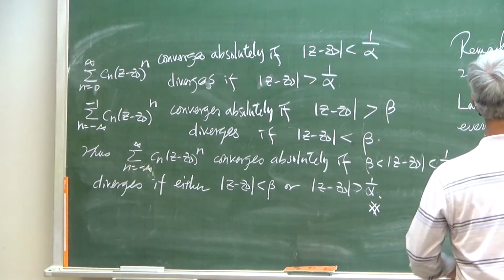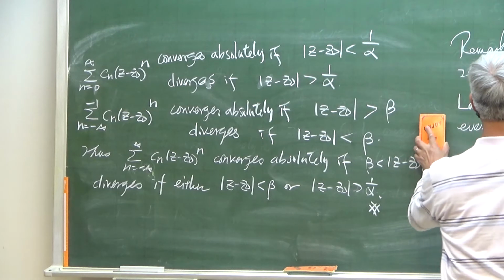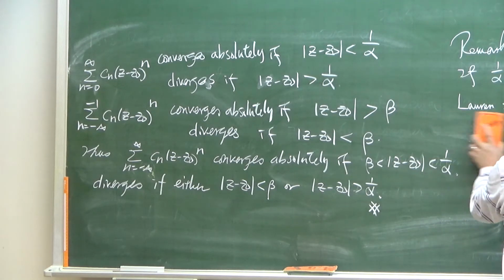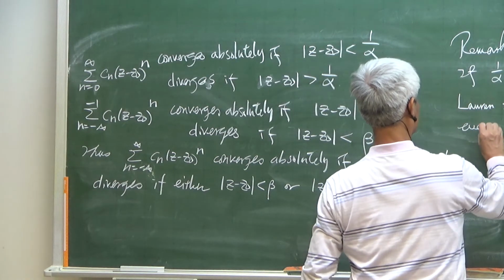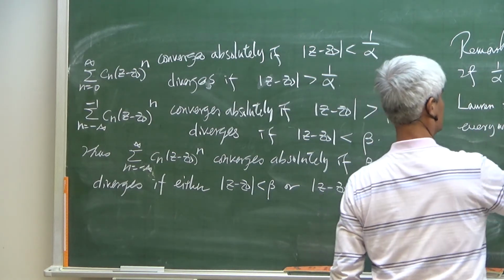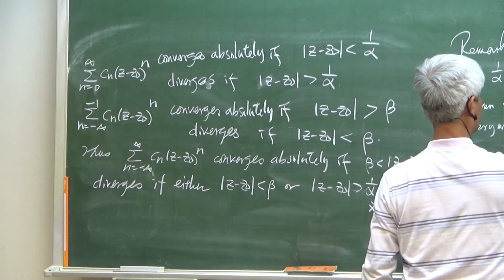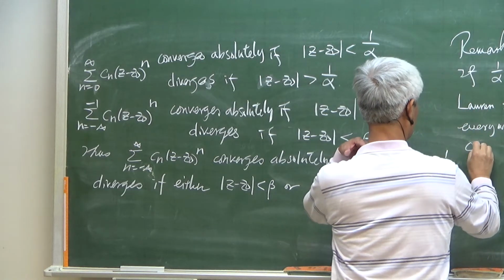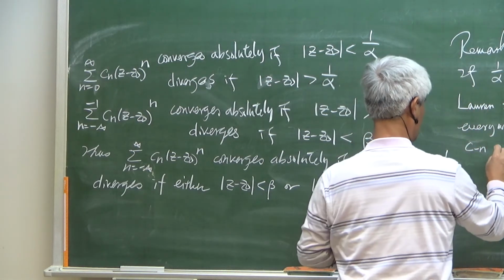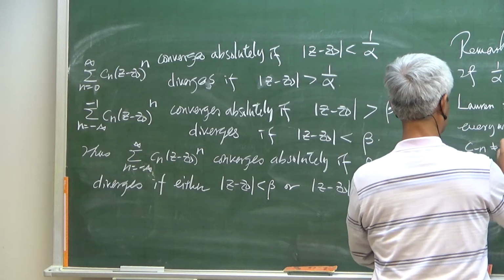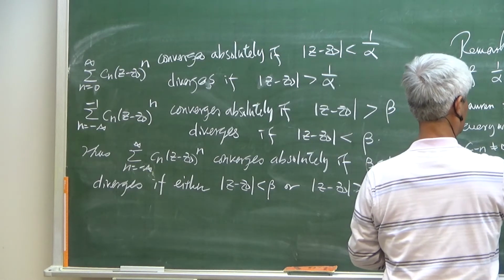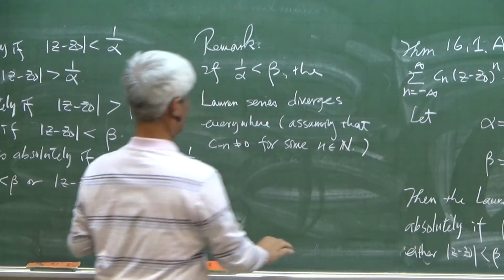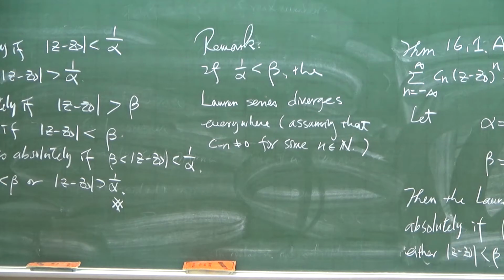So it diverges everywhere, assuming that at least one negative term is non-zero.